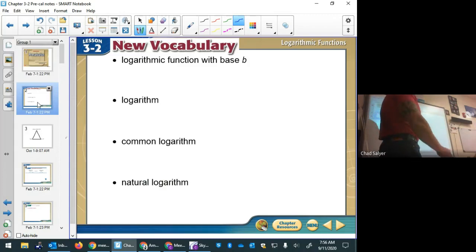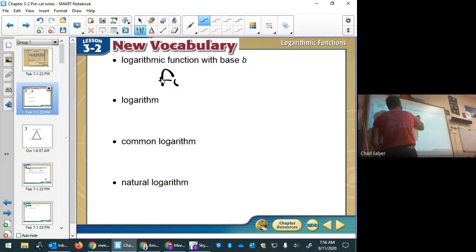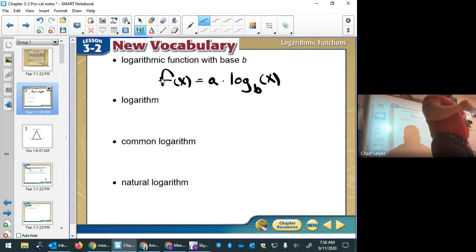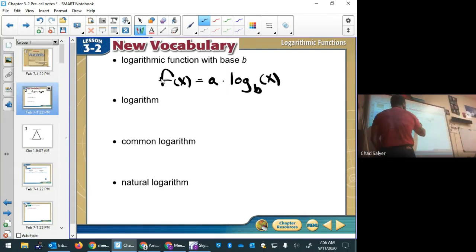First of all, a logarithmic function with base b is a function of this type, f of x equals a times log base b of x. So that's a logarithmic function of base b. The logarithm itself acts like the opposite of an exponent, and hopefully I've got a visual that'll help you understand that more in a moment.